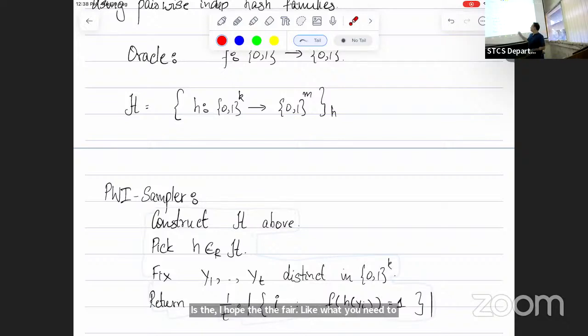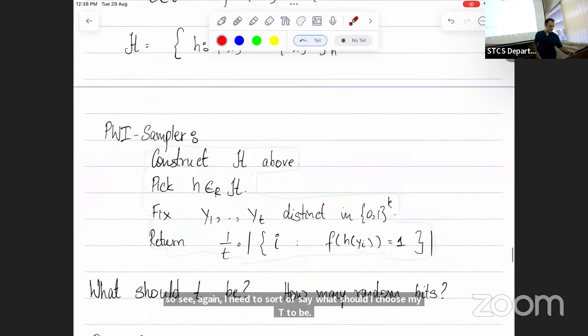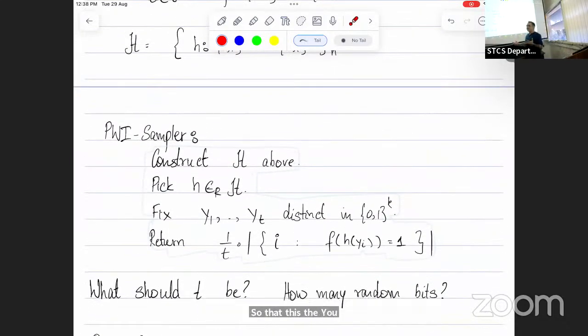From this sampler definition, the only thing we need for that K is that I want my input domain to have at least t elements. So I'm going to choose K to be like log of t, whatever t I need. Where did t come from? I need to say what I should choose my t to be, so that this empirical average is within epsilon of the correct answer with probability 1 minus delta.